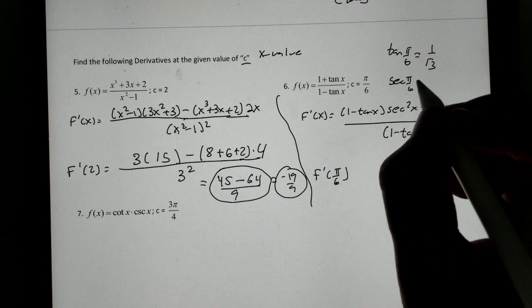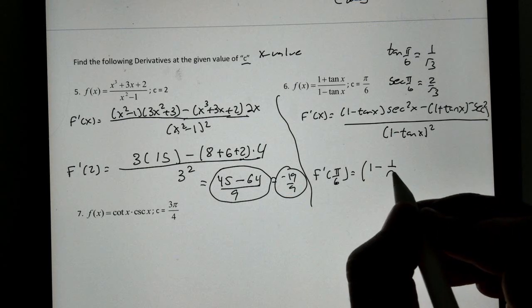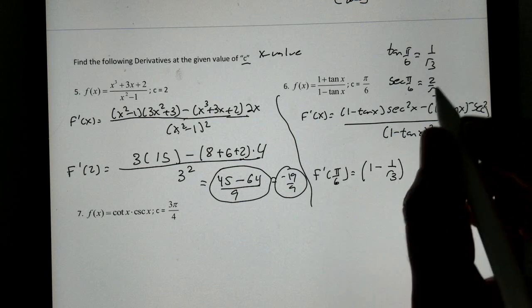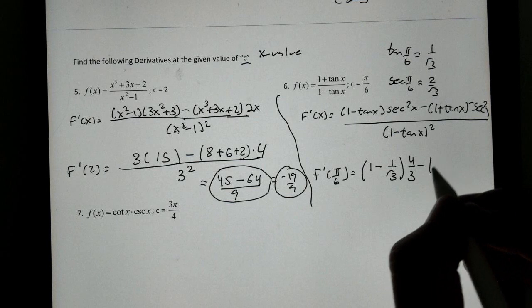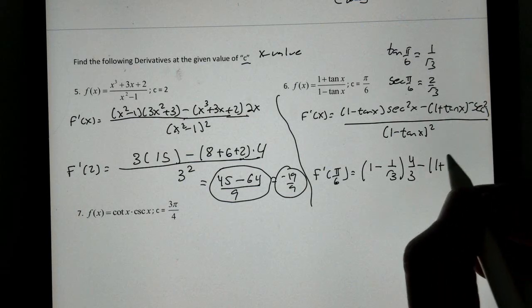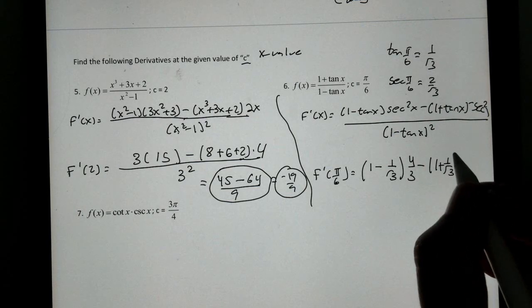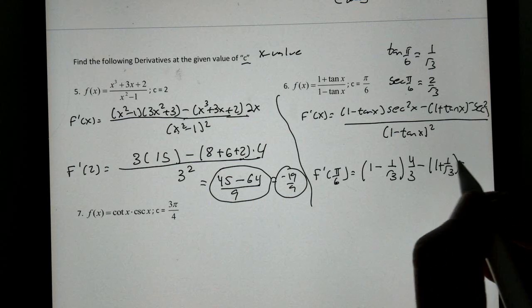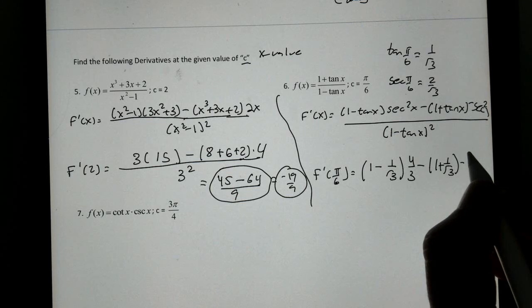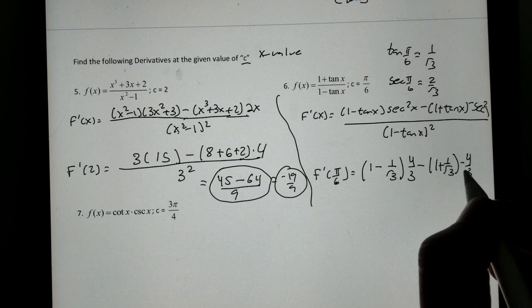So this is root 3 times, square that, we're going to get 4/3, minus 1 plus the tangent, again, is 1 over root 3 times a negative, and again, I'm going to square that, 4/3 right here.